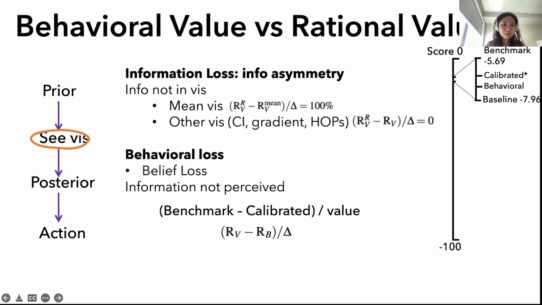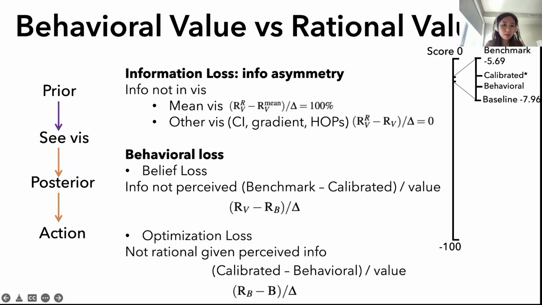So this value is called the belief loss, the loss induced by information not perceived. And then the optimization loss, which is when the behavioral agent is not making the best action given their information after they see the visualization. This is quantified by the difference between the calibrated score and the behavioral score. This score quantifies how much the behavioral agent can be improved when acting like a rational agent.